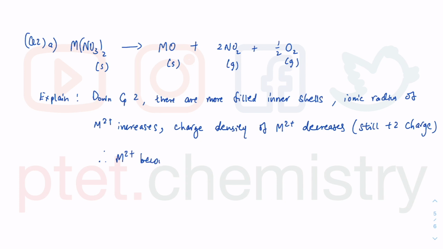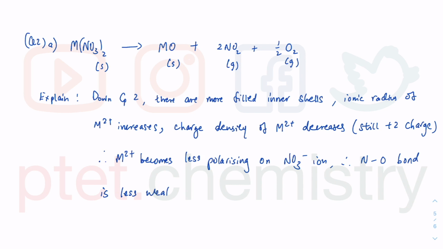M2+ cations become less polarizing. So the cation becomes less polarizing on the NO3- ions. Therefore, the N-O covalent bond is less weakened. So you are not weakening it that much. Therefore, it is more difficult to decompose since it requires a lot more energy to break that N-O bond, since it's not very polarized by the cation.